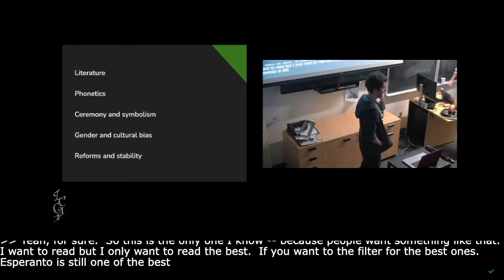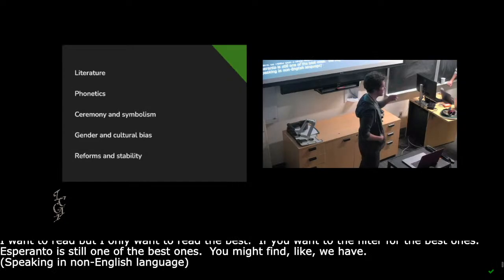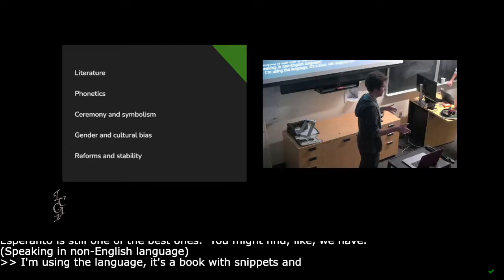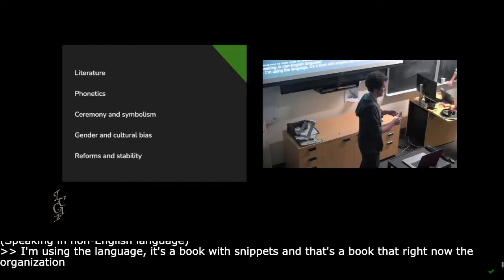But you might find, like, we've got the literary Chrestomatio. Chrestomathy, I think, is the English word. I'm using one English and then one Esperanto word because I don't know the other. But there's a book that's got snippets of all of these other works in it. And that's a book that right now the big Esperanto association will send, or use in your classes.